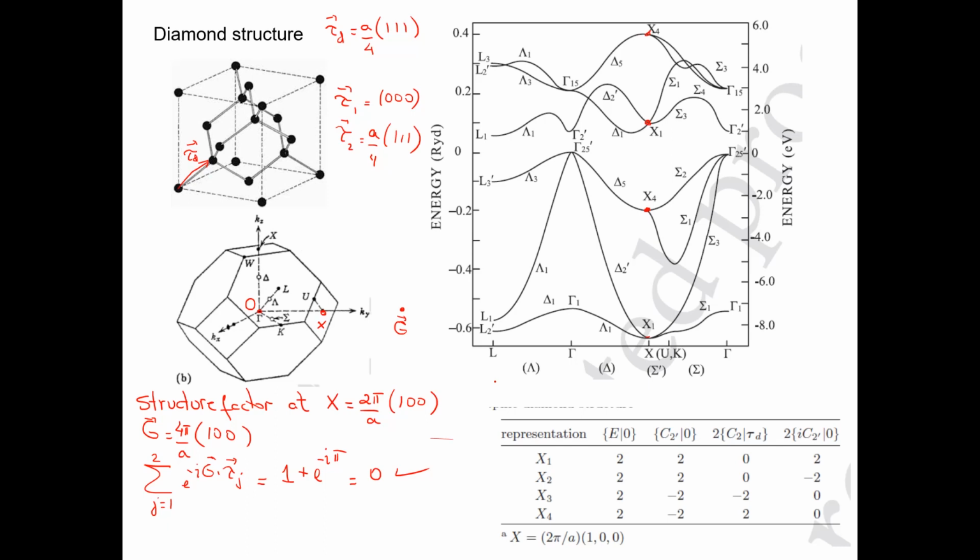So this plot is the band structure of germanium without considering spin-orbit effects, and we are going to see that spin-orbit changes this picture slightly in some important ways at a few particular high symmetry points in the Brillouin zone.